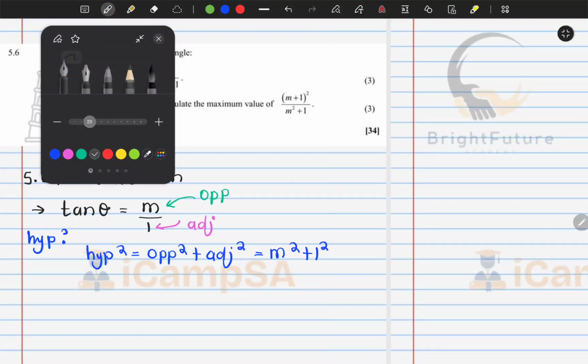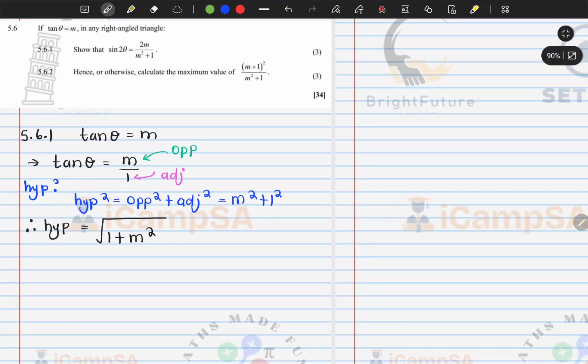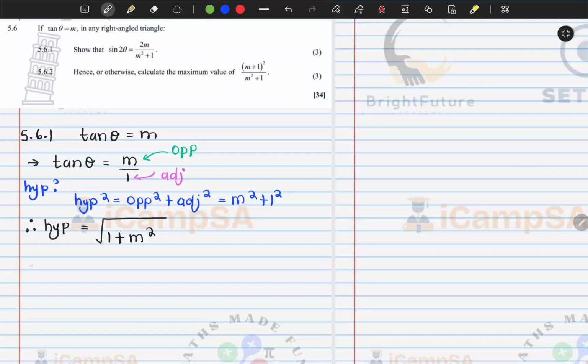So you will see that our hypotenuse, therefore, will simply be the square root of 1 plus m squared. Okay. Now, if you observe carefully, we want to show that sine of 2 theta will be equal to that.